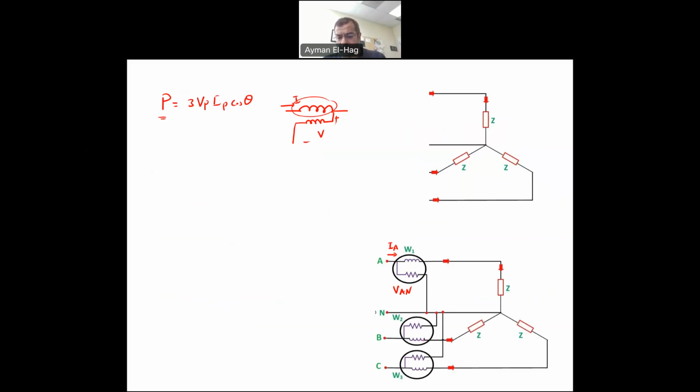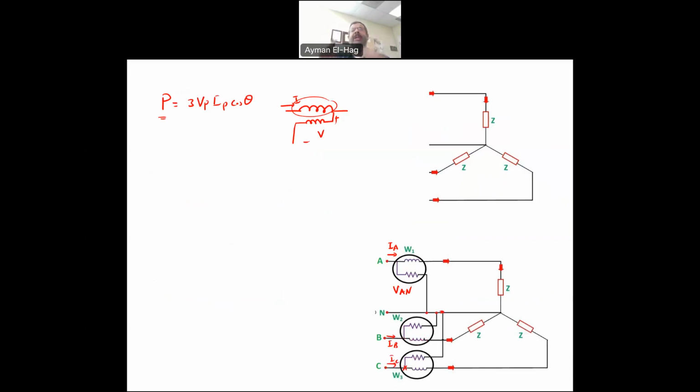Now, the second wattmeter has IB and the voltage between B and the neutral, so again the phase voltage. Finally, for C, the current coil will measure the current IC, and the voltage is between point C and the neutral.